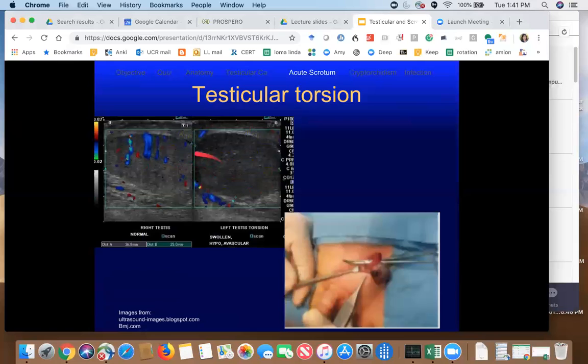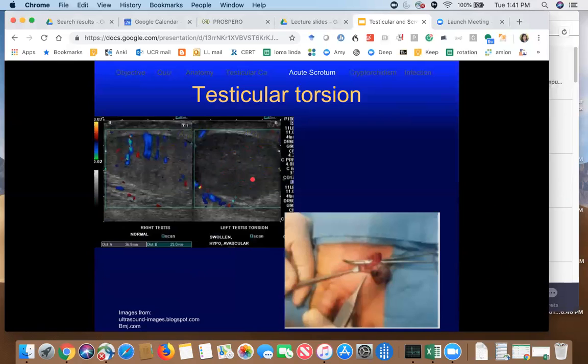So this is hypoechoic. The involved left testicle is darker. It's hypoechoic. It looks closer to fluid, and the reason is because there's a lot more edema. The more edematous it becomes, the closer to fluid it becomes, and so it becomes more hypoechoic.